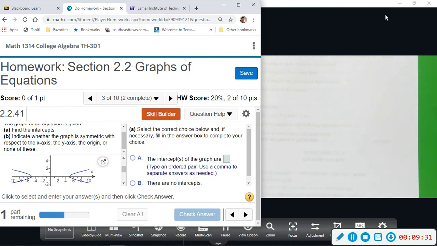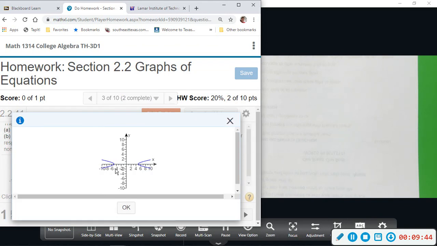So looking at this graph, we want to first find the intercepts. So where does this graph cross the x and or y axis? Still kind of hard to see, but it looks like, if this is counting by 1, 2, 3, 4, that looks like +5 and -5. Looks like a complete mirror image.